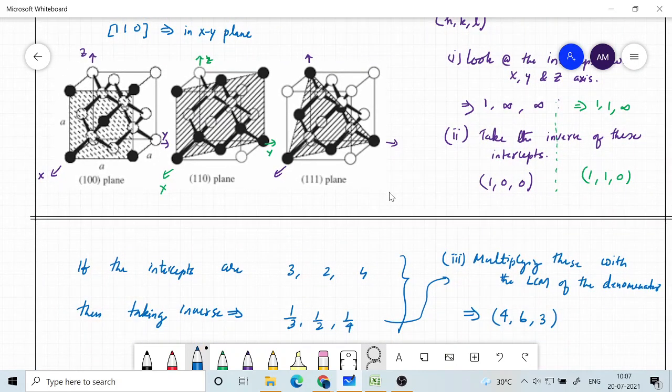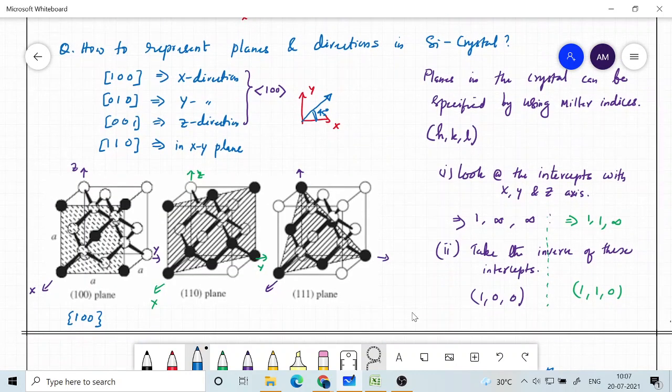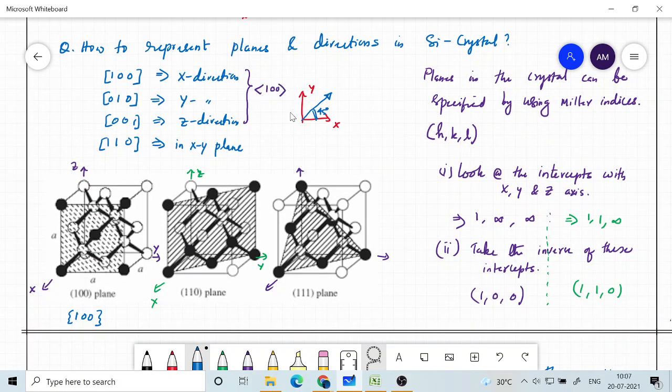Now instead of x, if you take y as the plane of the wafer, then it also has the same property. So you can specify the group with a curly bracket, just like we grouped the directions with an angular bracket because the properties were the same.